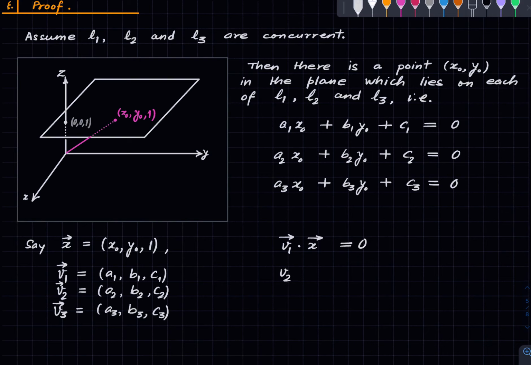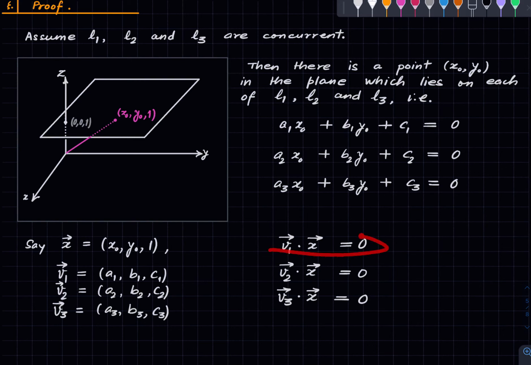The second one reads this dot product is 0. And the third one is this dot product is 0. Now, if you haven't come across the notion of dot products, then this proof will be lost on you. But what can I do? You can revisit it when you learn about dot products.